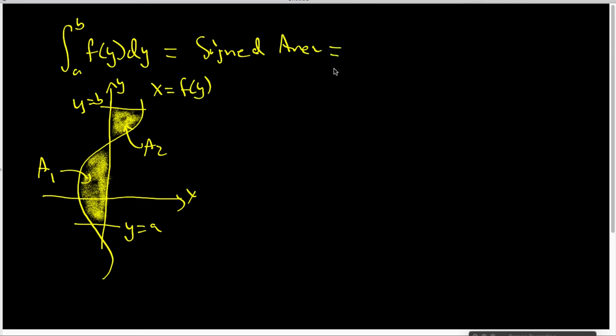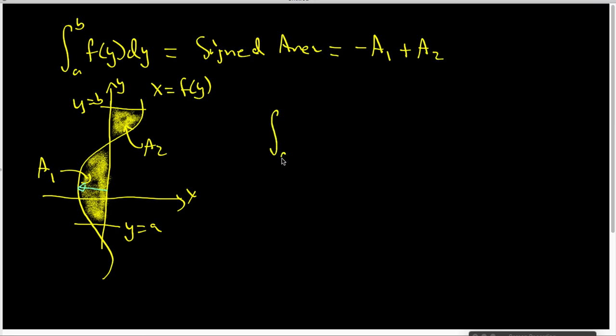The signed area is going to treat A1 as negative because the x values are negative. In other words, the width of the rectangle is negative. And it's going to treat A2 as a positive area. So this integral would be minus A1 plus A2.